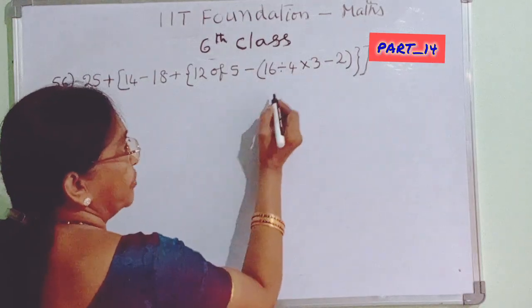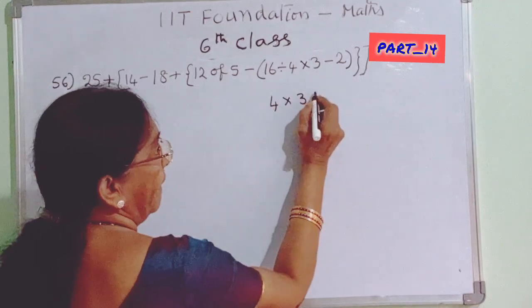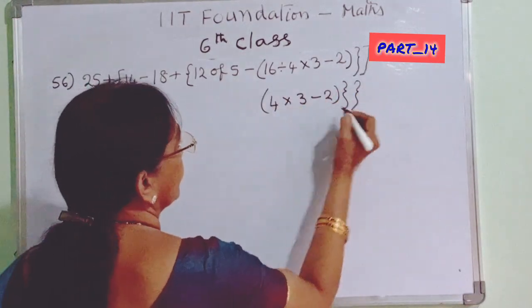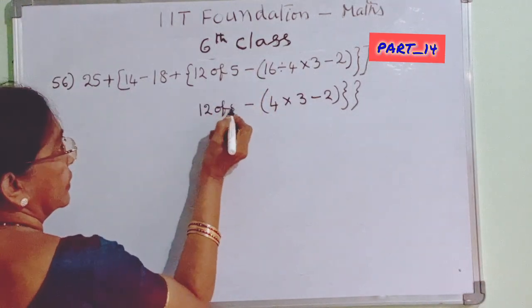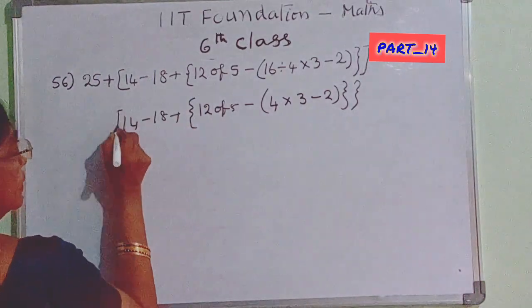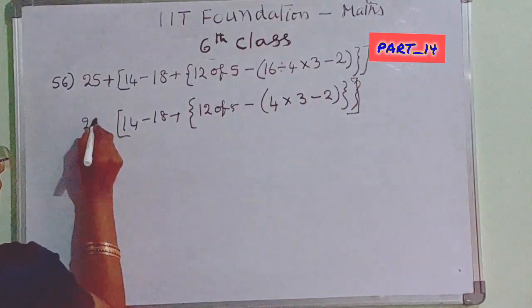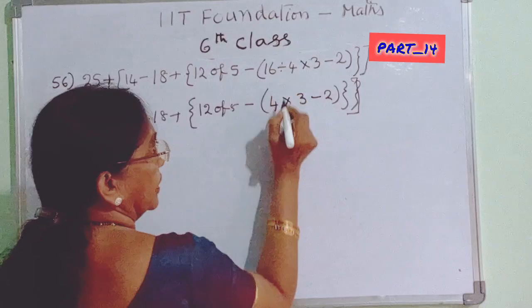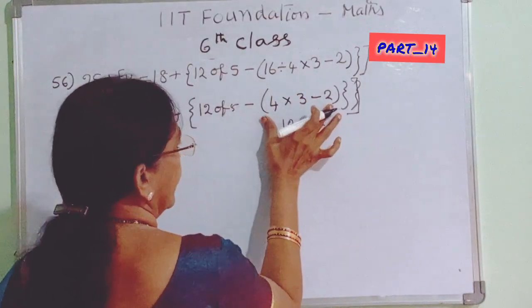So 16 divided by 4 is 4. So 4 into 3 is 12. This is 12 minus 2, 10. So inside the brackets 10.